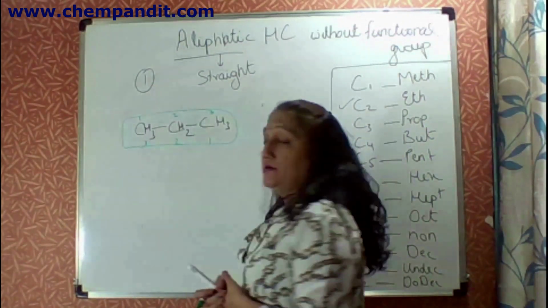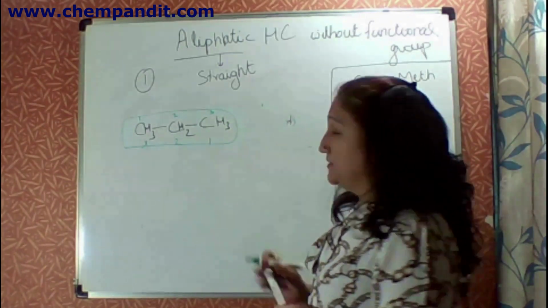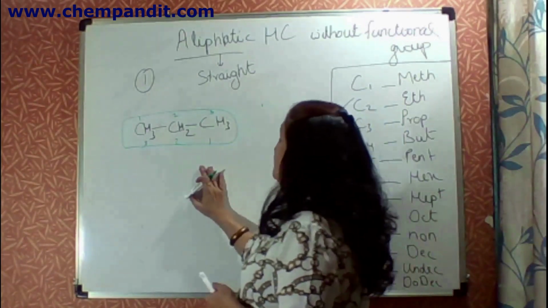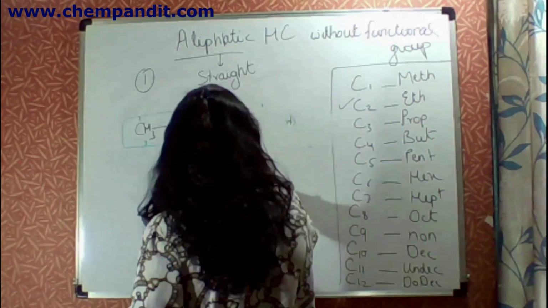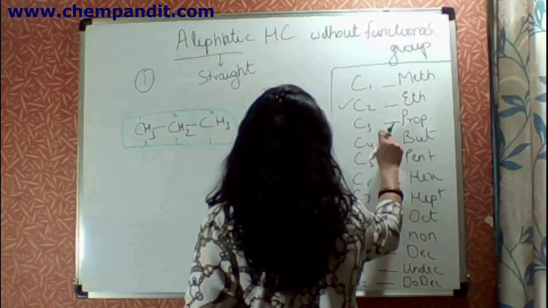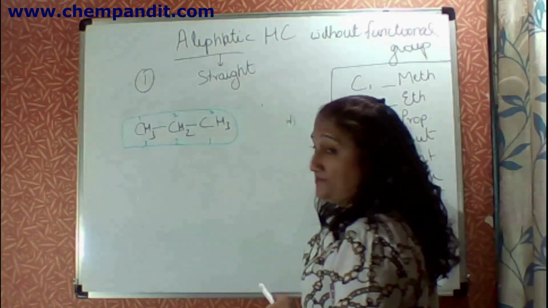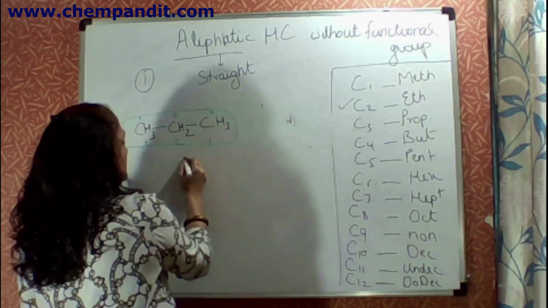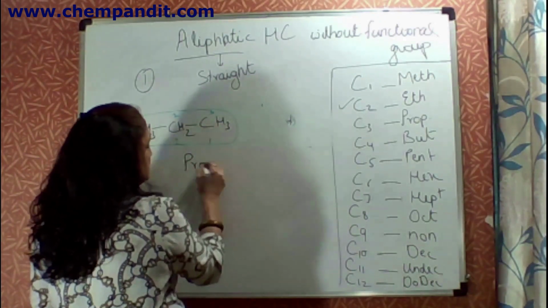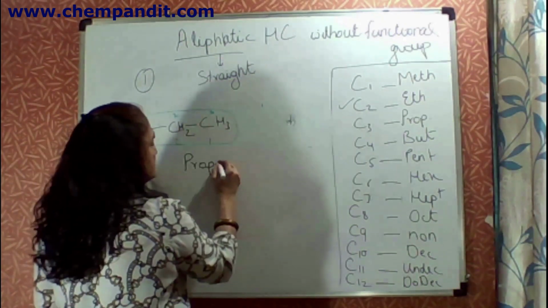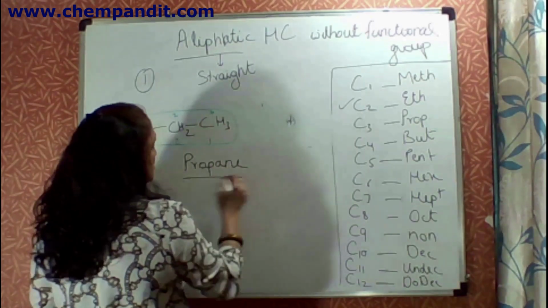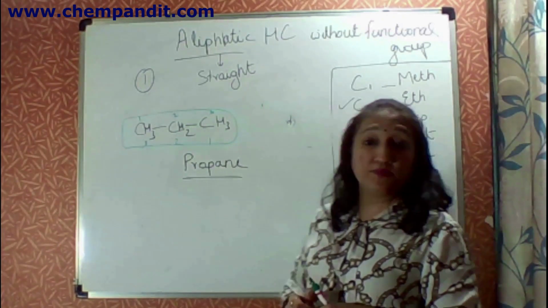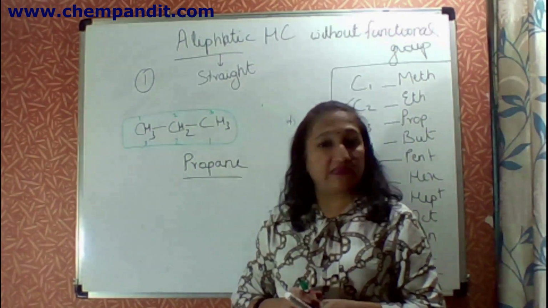You can number it left to right or right to left. In this compound, it will be one and the same thing, right? Now, this is the longest chain we have. Number of carbons are 3. So from this table, we know the root word will be prop. And since single bonds are present between the carbon atoms, the suffix will be ane. So this compound is propane. Clear?